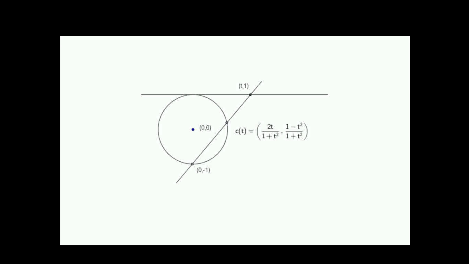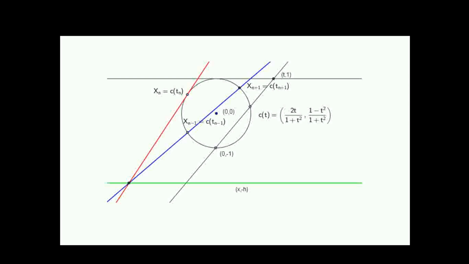And this is quite nice because it gives us a new way to parameterize the circle. You can see that as t goes from infinity to -infinity, it's going to rotate this stick all the way around and give us all the points on the circle, except perhaps (0, -1). That's kind of a limiting case.